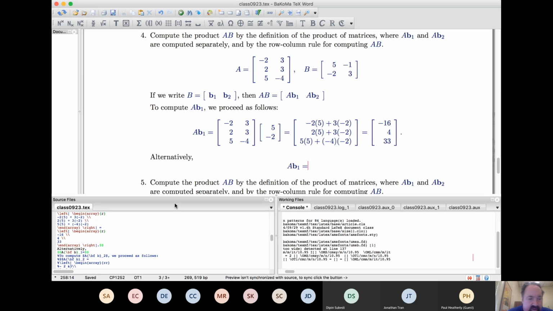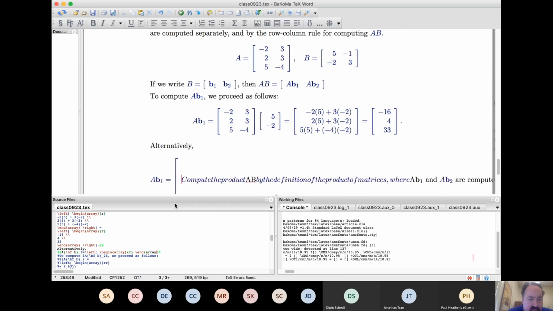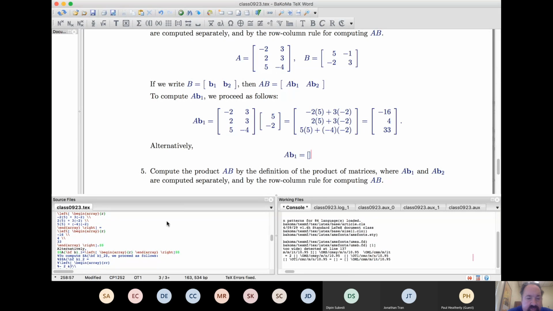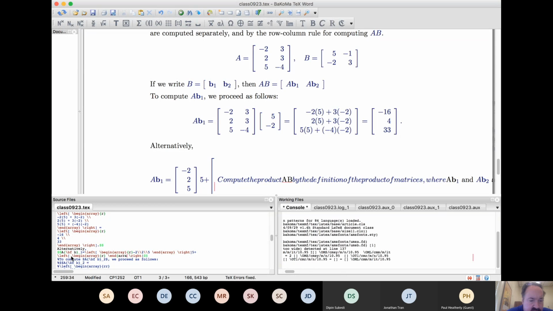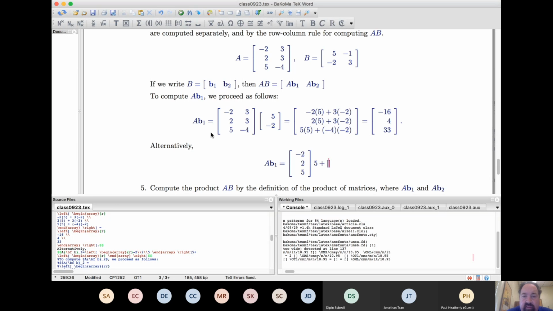So this is the same as if I take the first column of A, so -2, 2, 5, times the first element of B1, so that's 5, and then the second column of A times the second element of B1.